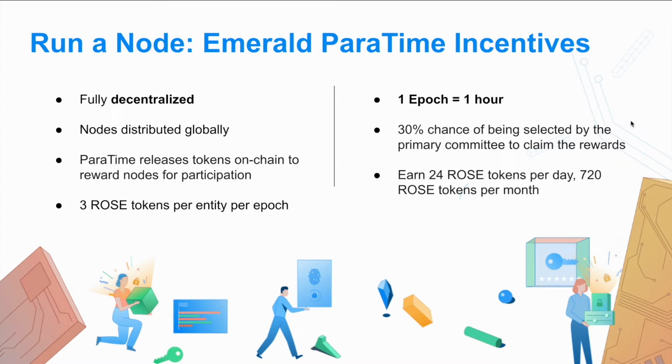So not all the time are the same validators or the same nodes eligible to claim. You have a 30% chance to claim these rewards, which essentially means that you get approximately 24 ROSE per day. And if you multiply that by 30 days, approximately 1 month, you will notice that this is around 720 ROSE per month.